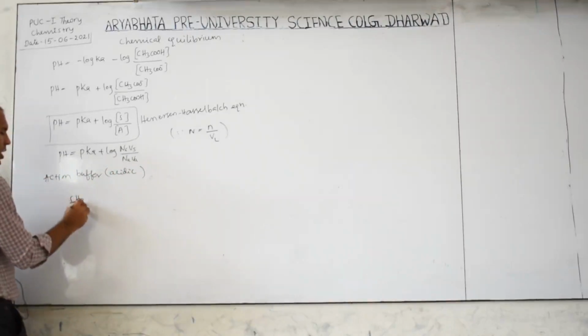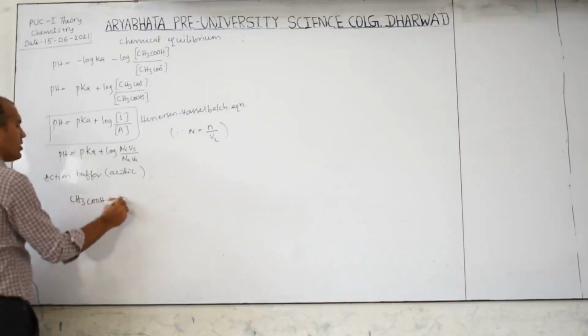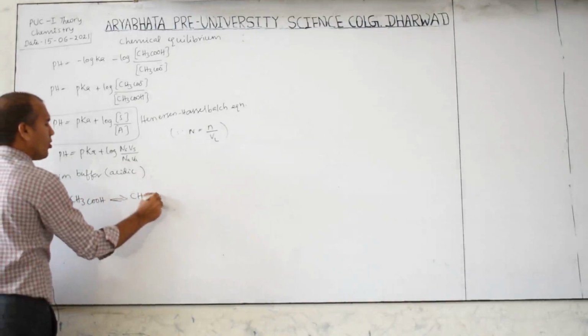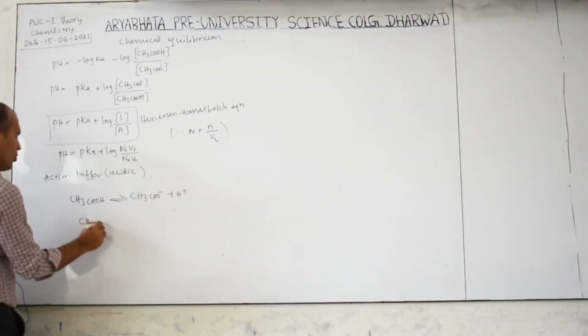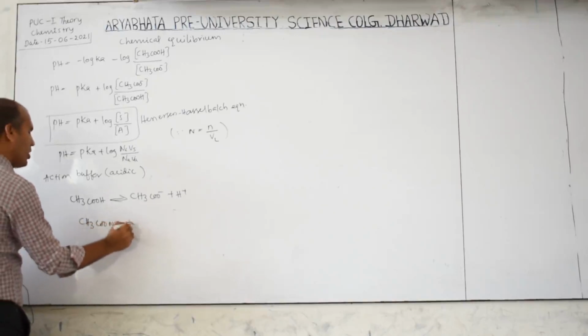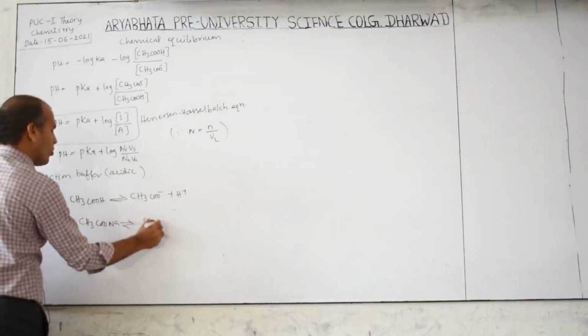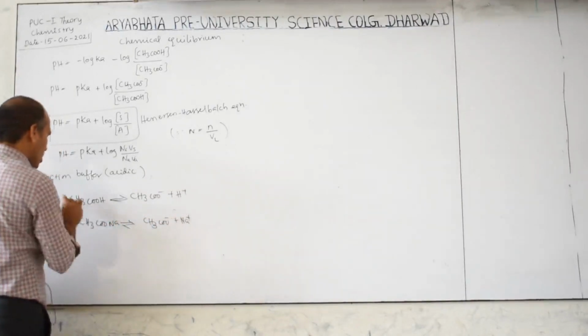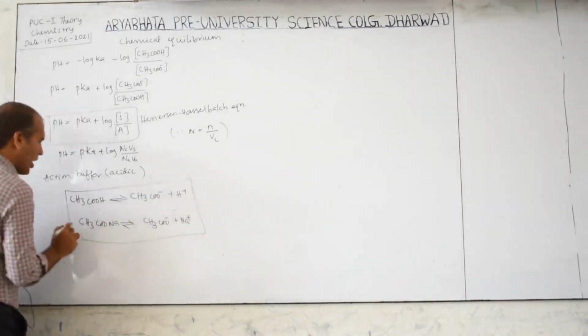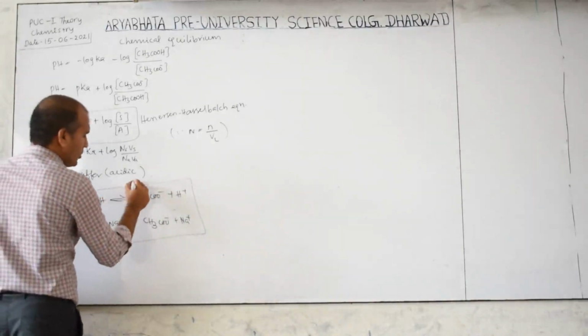Now we know that CH3COOH ionizes into CH3COO minus plus H plus, CH3COONa ionizes into CH3COO minus plus Na plus. To this we are adding base, strong base.